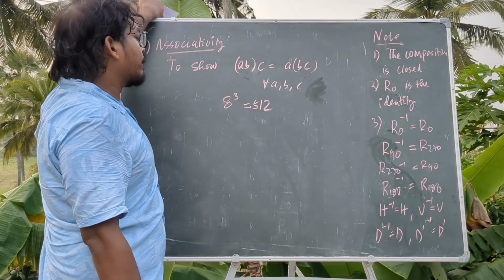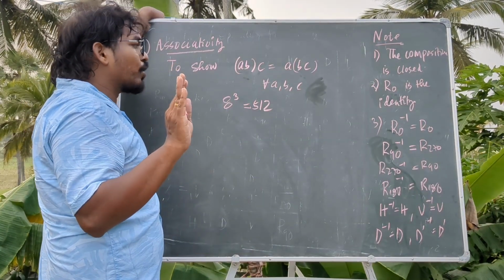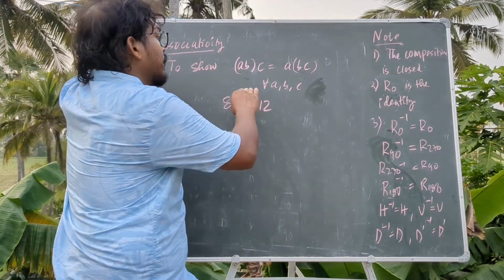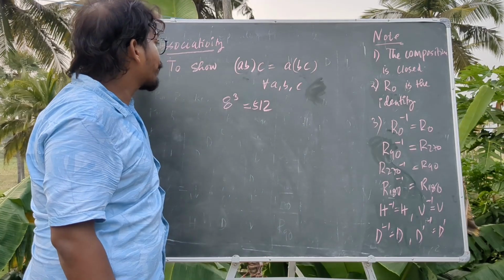For ABC, I have 512 choices. I can take them one by one and check whether this is the same as this one or not.